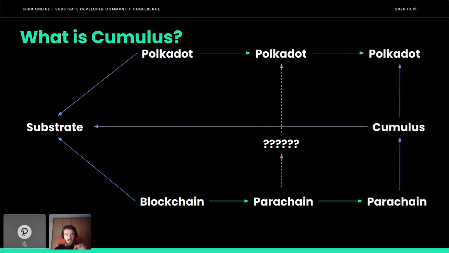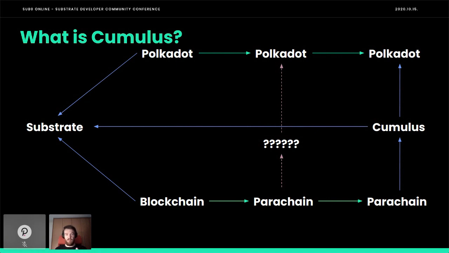So Cumulus is itself built on Substrate and on Polkadot. It takes the interfaces that are provided or required by Polkadot, that are built on top of Substrate, and provides you with primitive types that implement these interfaces, so that you can just take your Parachain consensus algorithm, the Parachain network and all that stuff, and stick that into your node implementation, and that's it.